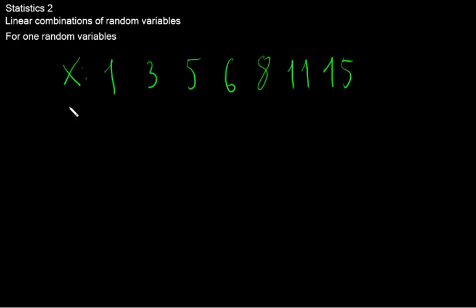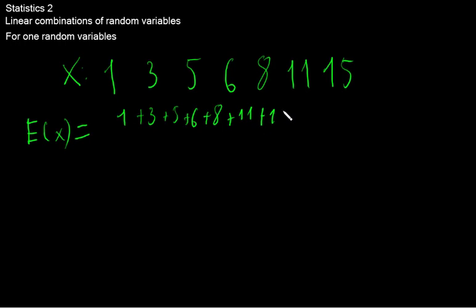And the mean of x can be denoted by E of x, which is the expectation of x. So the mean of x is basically the expectation of x, and this is equal to the sum of all these values, 1 plus 3 plus 5 plus 6 plus 8 plus 11 plus 15, over 7.